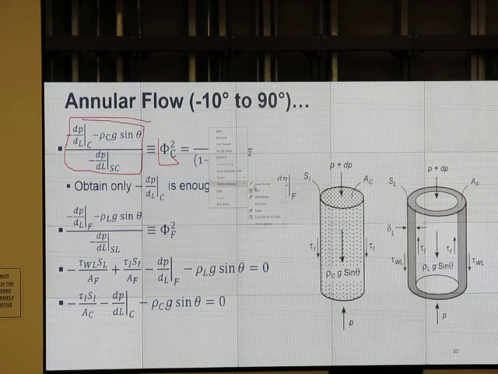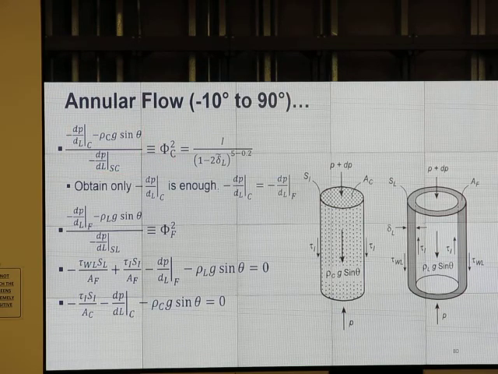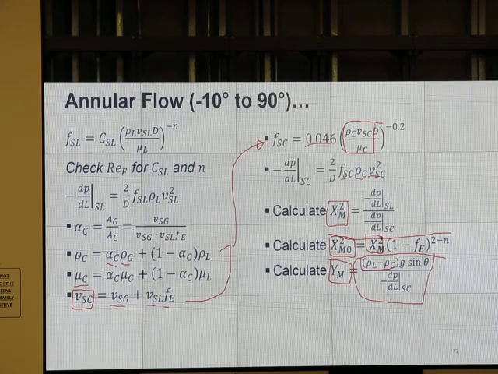So once we know that, what do I do next? Minus dp/dl sub sc, the frictional pressure loss based on superficial core velocity, is known, right? Minus dp/dl sub sc is known, but it's not the real pressure drop.